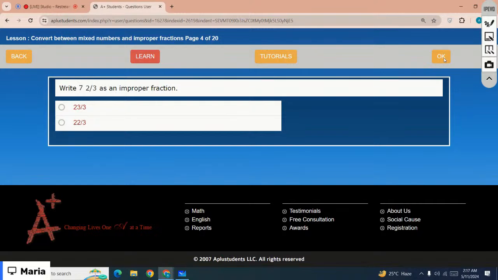The correct option is 23 over 3 is the correct option.